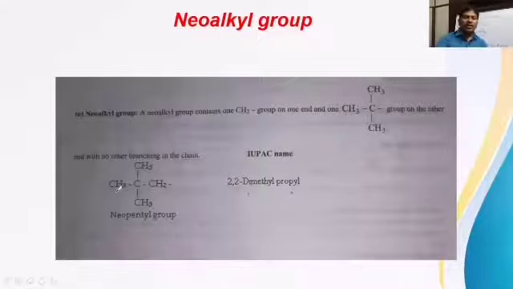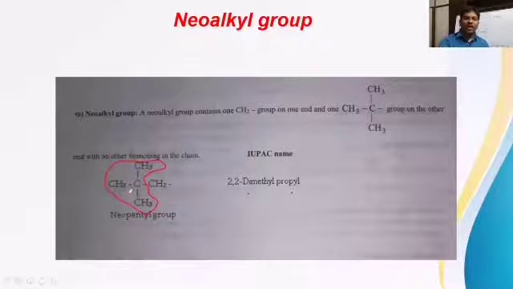So the condition for this neo-alkyl group is that at one end there should be a tertiary butyl group. This group is called what? A tertiary butyl group. So only this circled group is called tertiary butyl. Why is it tertiary butyl? You see, C4H9.